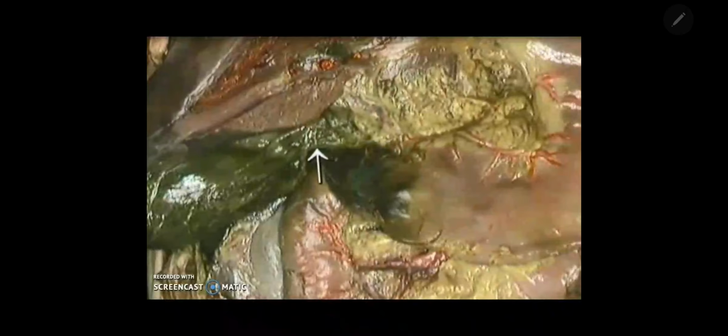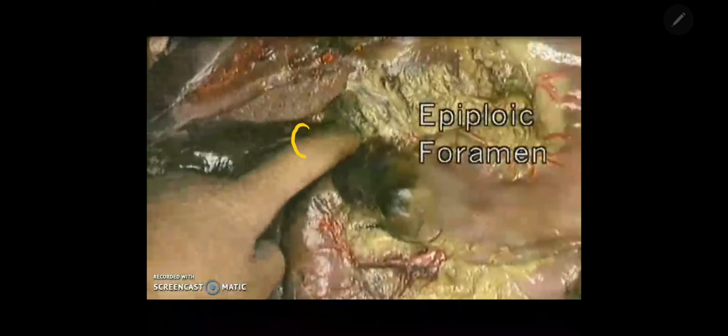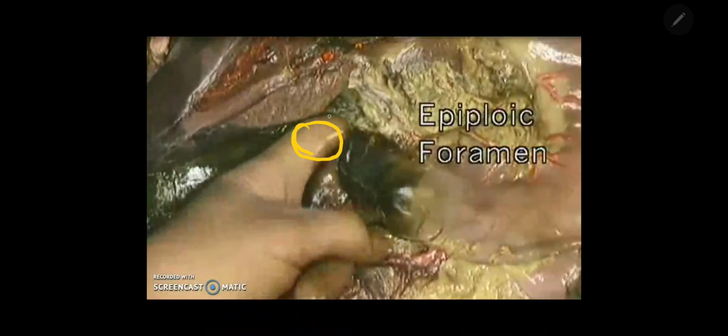You can see the first part is superior and directed upwards, backwards and towards the right. It is 5 centimeters in length, but surface topography is only 2.5 centimeters because of this obliquity. And you can notice the finger going through the epiploic foramina. So this is the right free margin of the lesser omentum, this is the hepatoduodenal part.